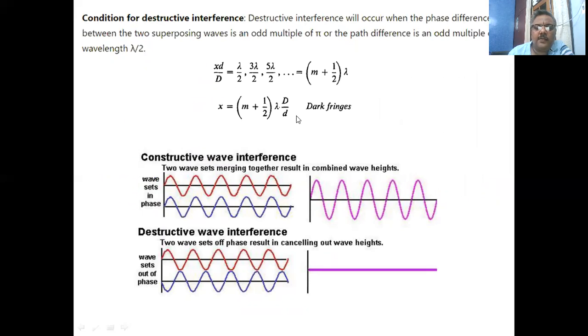And when this path difference is equal to an odd multiple of lambda, then we get dark fringes or minima. Minima means that the waves are out of phase and they are cancelling. The resultant intensity is zero. Maximum means they are interfering constructively and there is a maximum intensity.